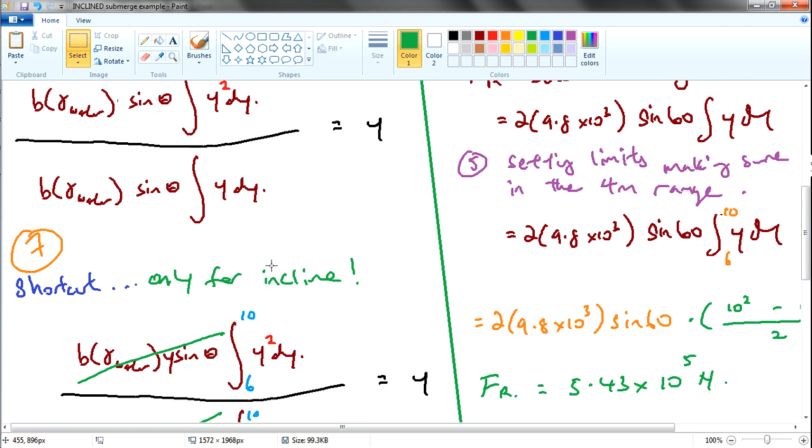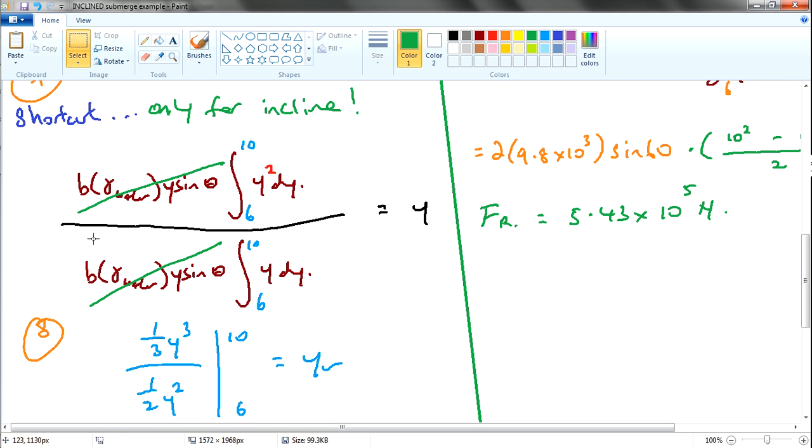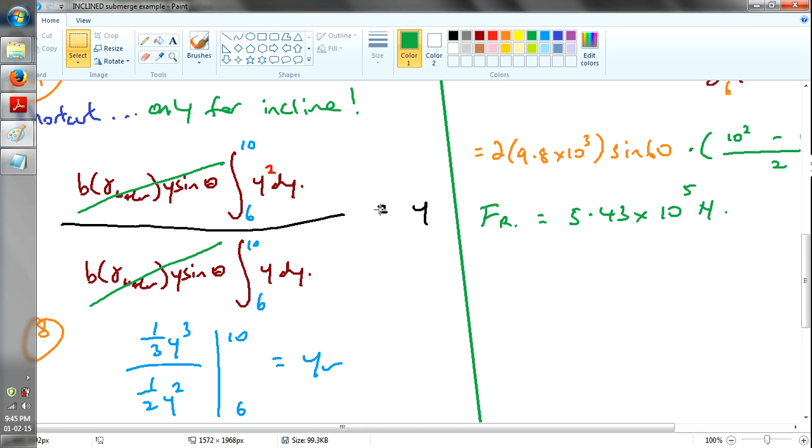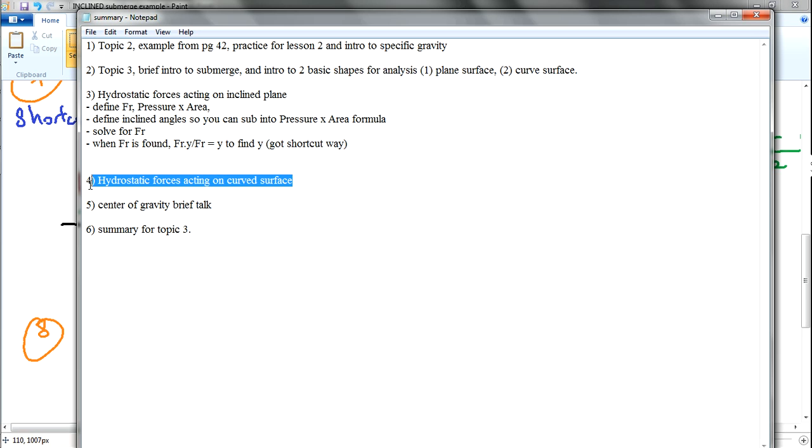Don't do this for others, because you are taking the same amount of resultant force divided by it. For an incline you can do that, but for a curved surface, please don't do that. And then next video we'll talk about what we're going to do for a curved surface.